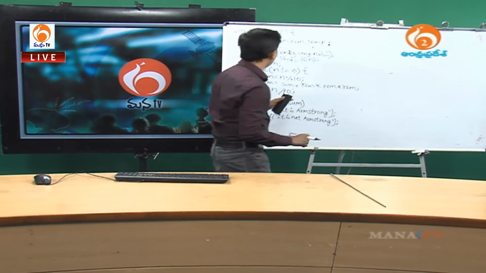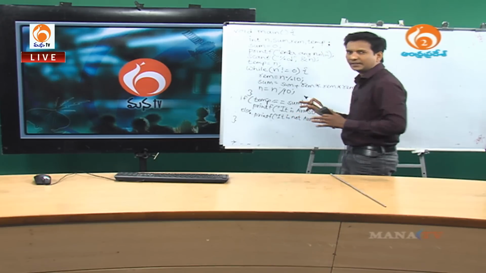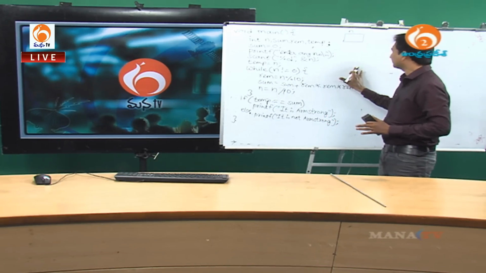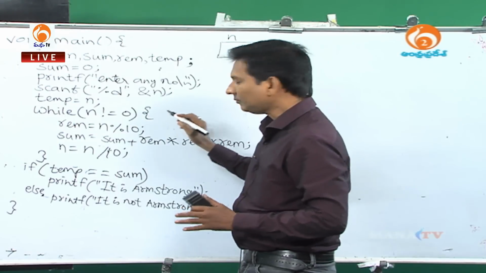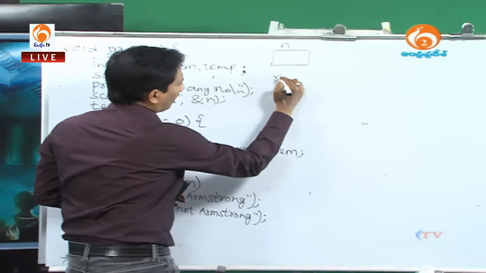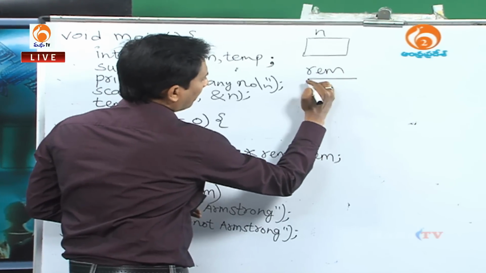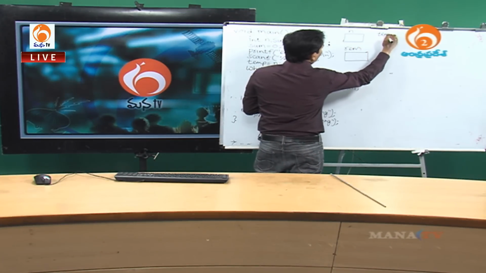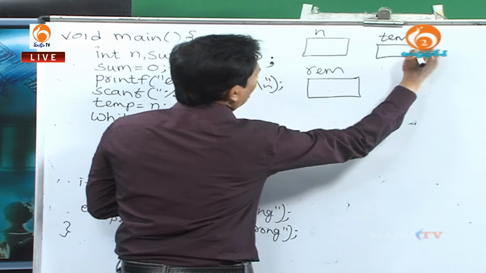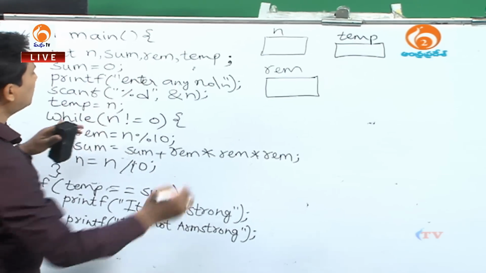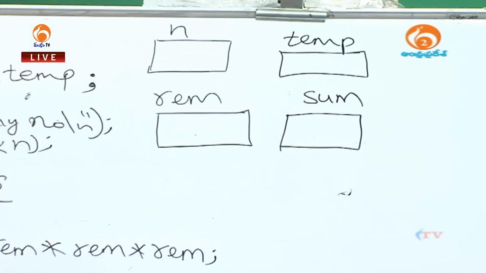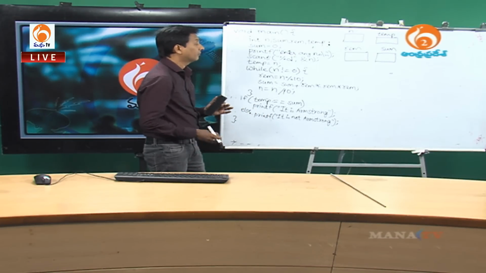First, 4 variables are created here: n, next remainder, next temp, next sum. 4 variables are created somewhere in the memory.